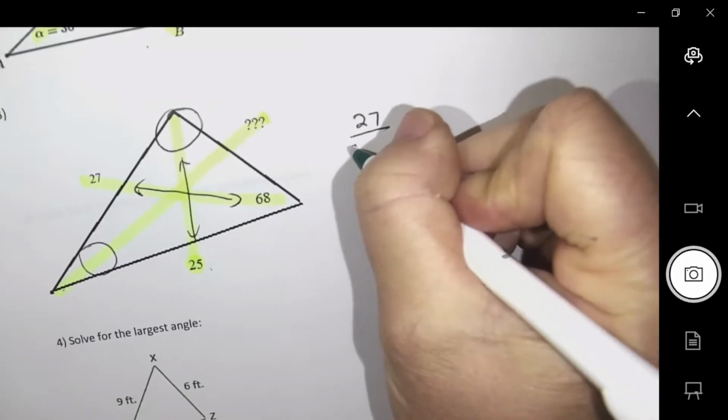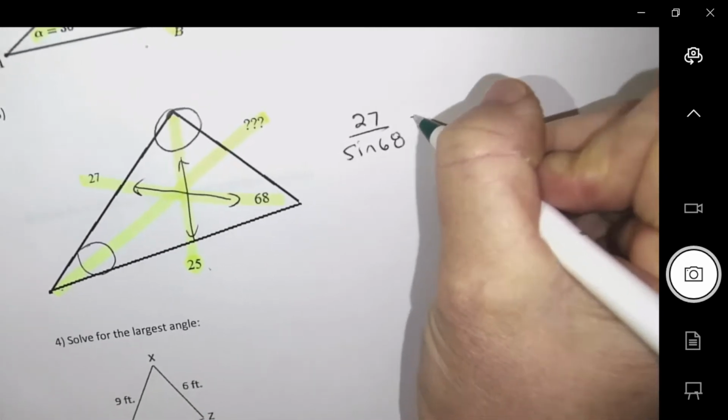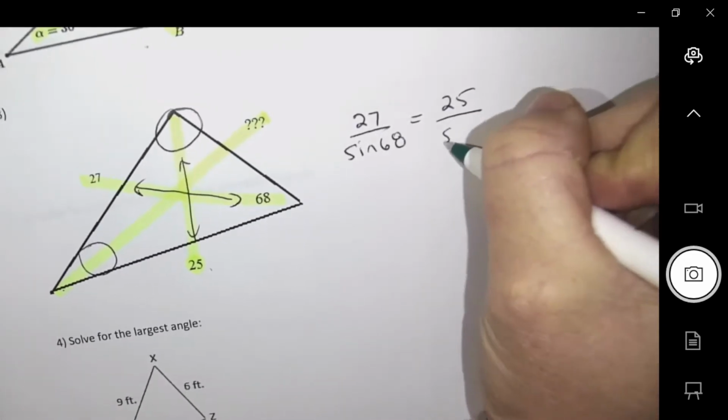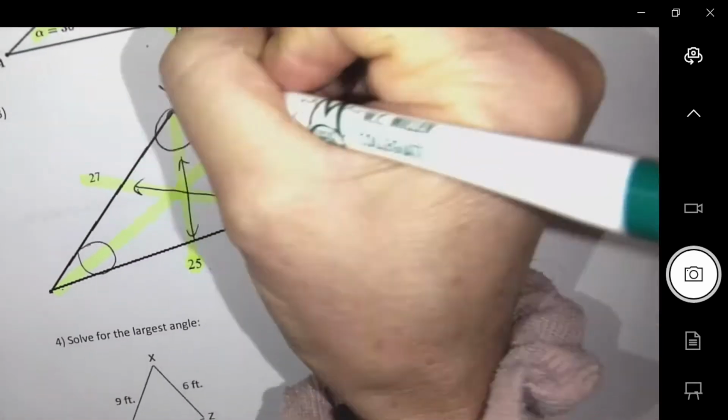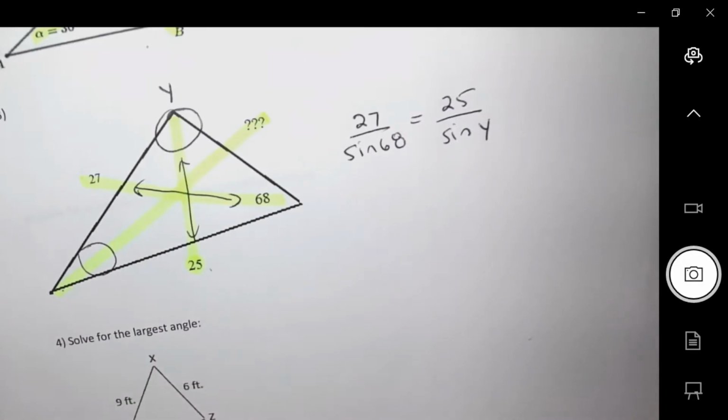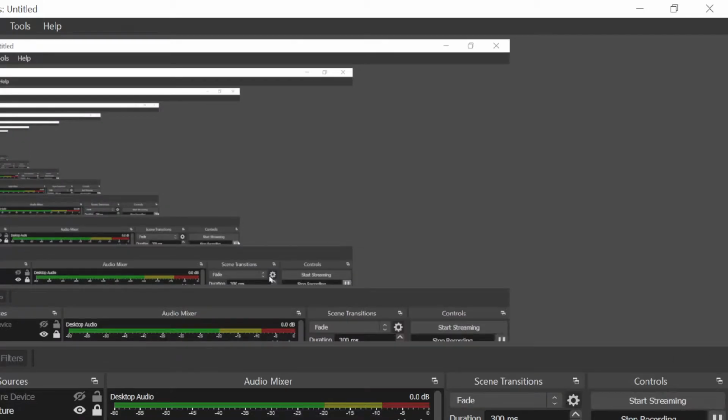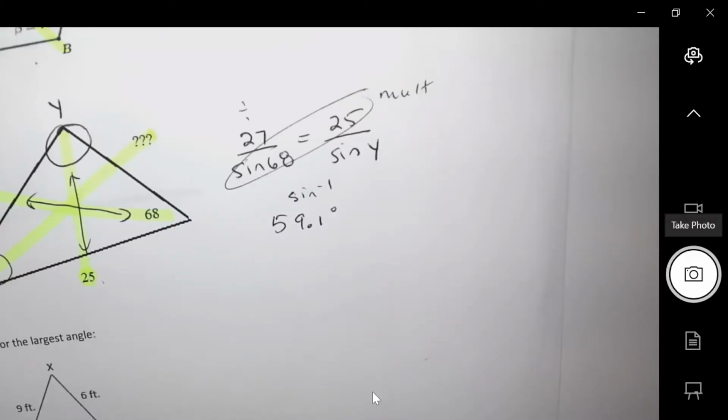So 27 over sine 68 and 25 across sine. I'm going to go with a y just to call it something. Get me that angle to 1 decimal. Okay, so 59.1 degrees. Hopefully you're matching.